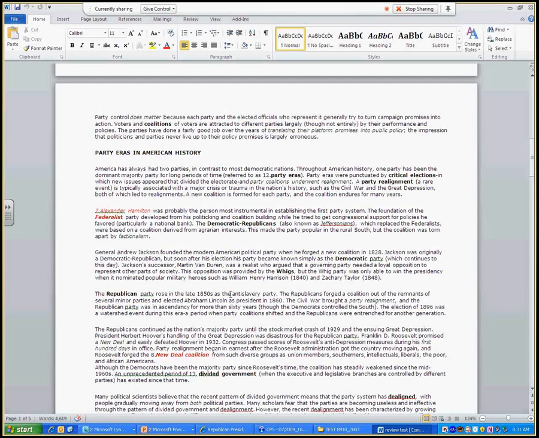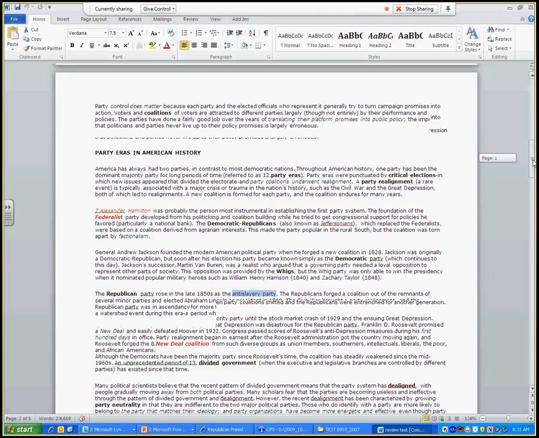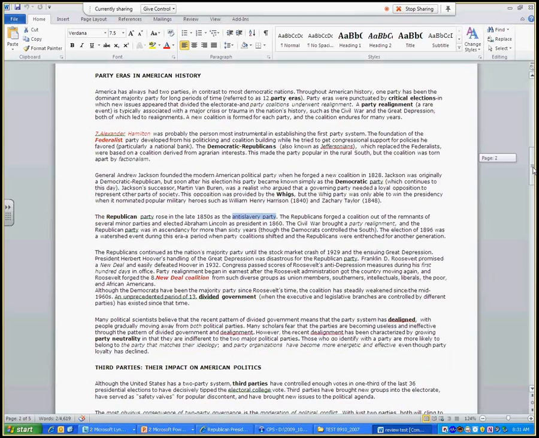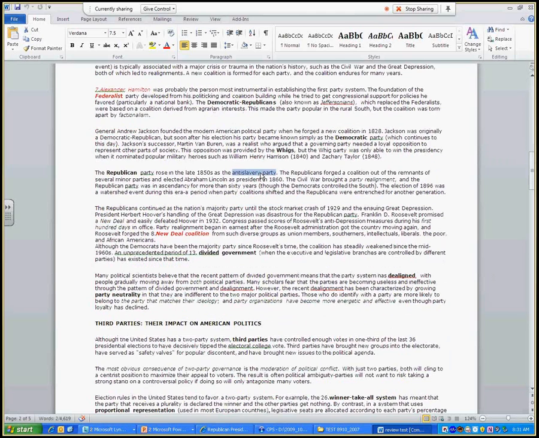Now, the Republicans were known as the anti-slavery party, obviously because they're against slavery. And so after the Civil War, they controlled the government all the way up to the Great Depression, which is a very long time, obviously. And the Great Depression brought Roosevelt into power and the New Deal.